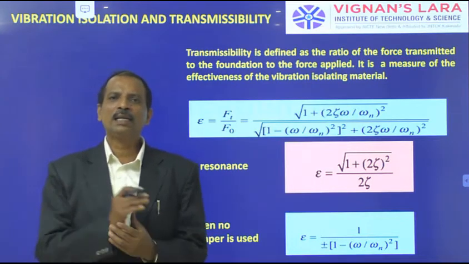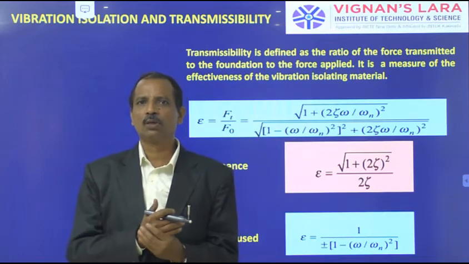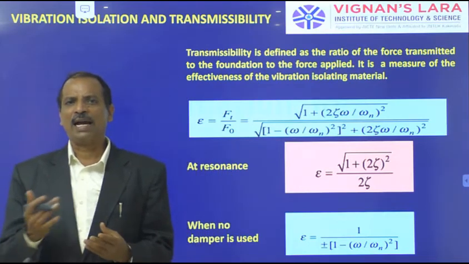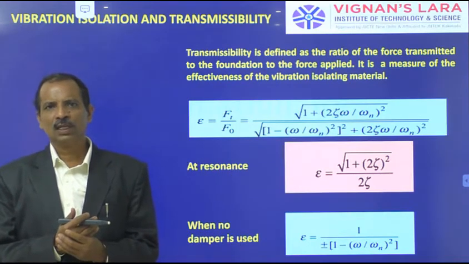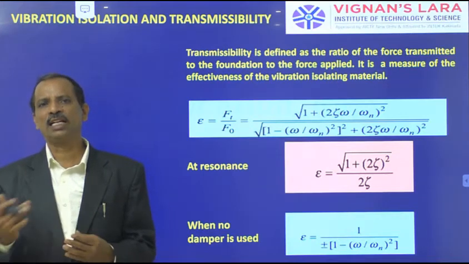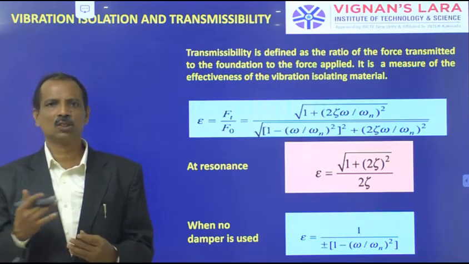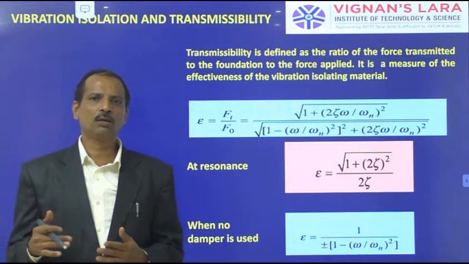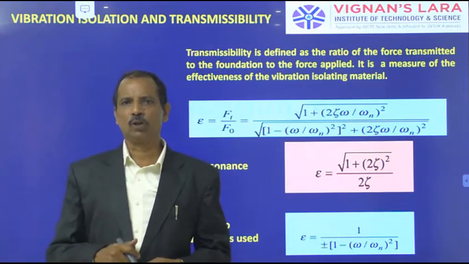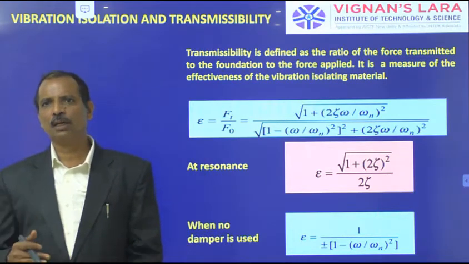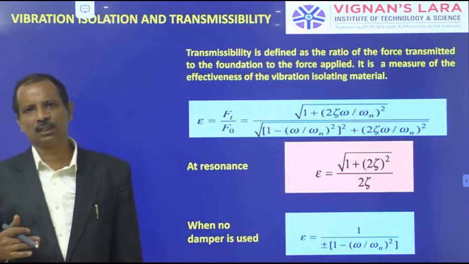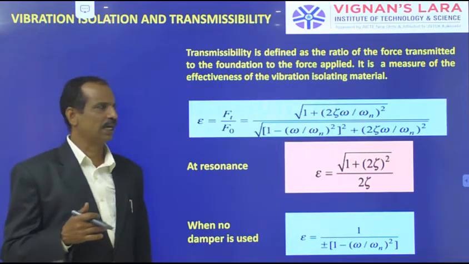In that case we have to take care about how to isolate your equipment, isn't it? And how to transmit your vibrations smoothly to the ground without hampering the neighboring equipment. That is a very big issue when you are dealing with large size equipment which is running.